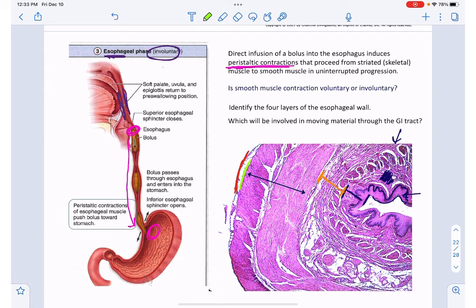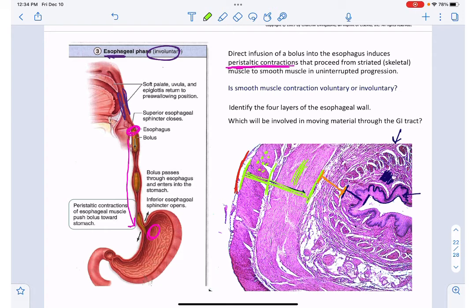But then we have these two thick layers right there. And this is the muscularis externa. These are two smooth muscle layers. This is the inner circular layer, and this is the outer longitudinal layer. And as you can see, it's super thick.